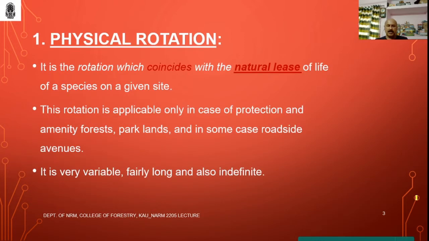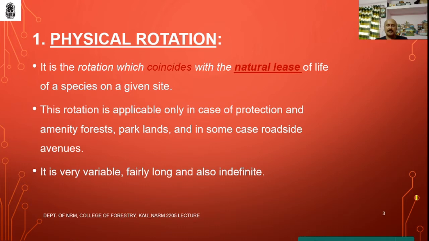So physical rotation. Every tree has a lifespan, and physical rotation is a type of rotation which is linked with the lifespan of the tree. It is a rotation which coincides with the natural lease of life of a species on a given site. That means how long that particular species is going to be alive and very vigorous there.